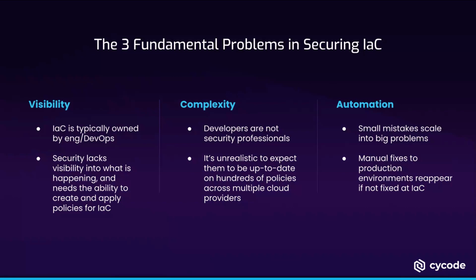Also, manual fixes that are done to production environments can reappear if they're not fixed at the IaC template level, because you have that same problem. It exists in the template, and the next time that infrastructure is provisioned with that template, that problem is going to reappear. So we feel these are the three fundamental problems that need to be solved.